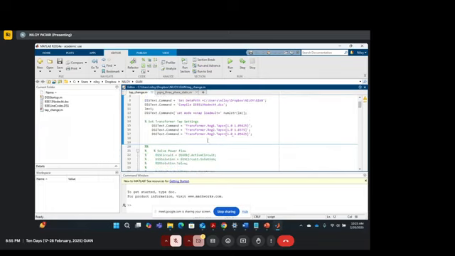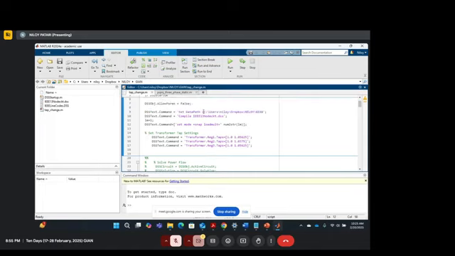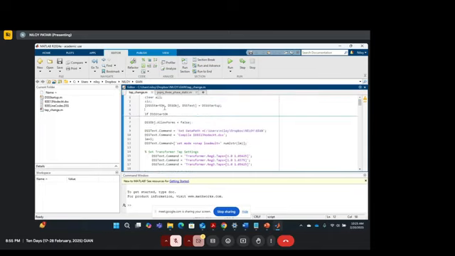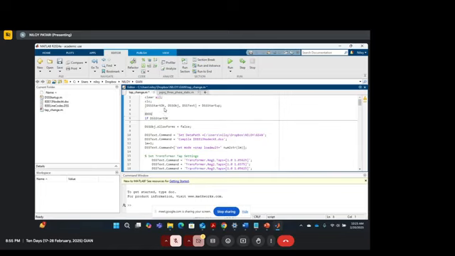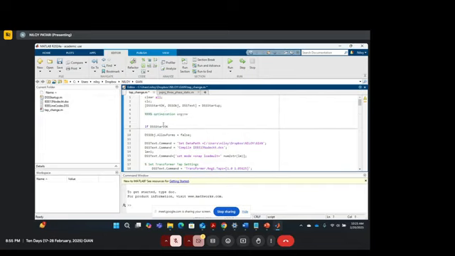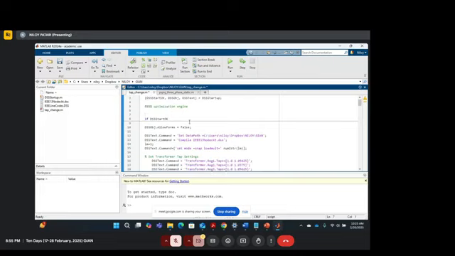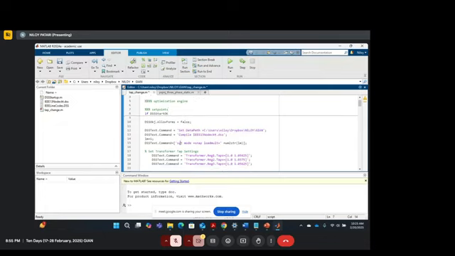Now suppose you have this optimization engine and everything, and this optimization engine gives you certain set points. And then you want to put the set points back into OpenDSS.